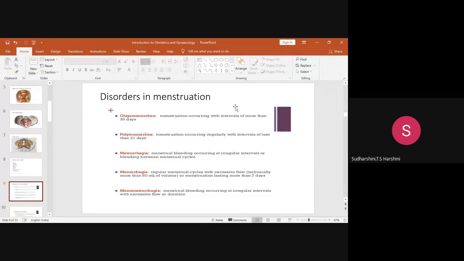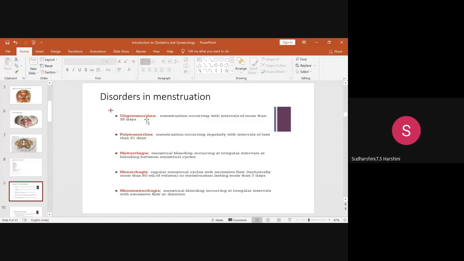Normally, you can tell that a cycle is normal when her periods come every 21 days up to 35 days. So from 21 to 35 days is considered normal. It is considered that the patient is having regular cycles.